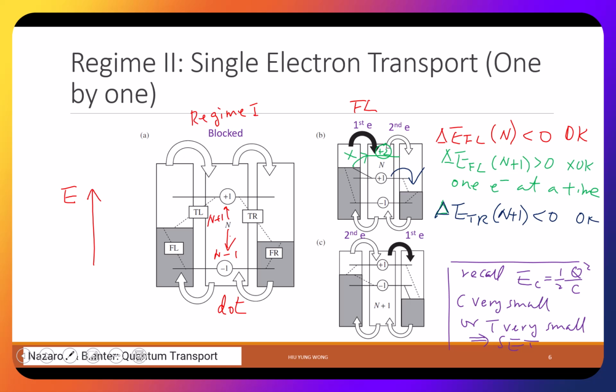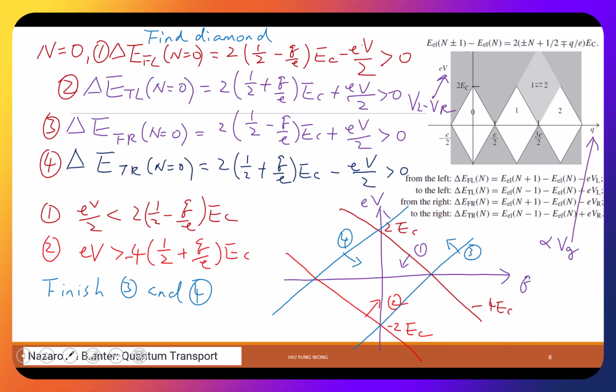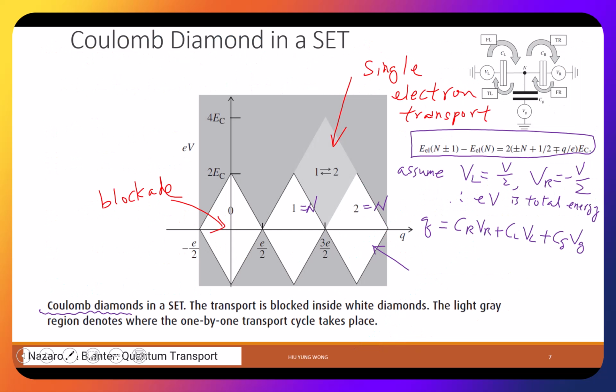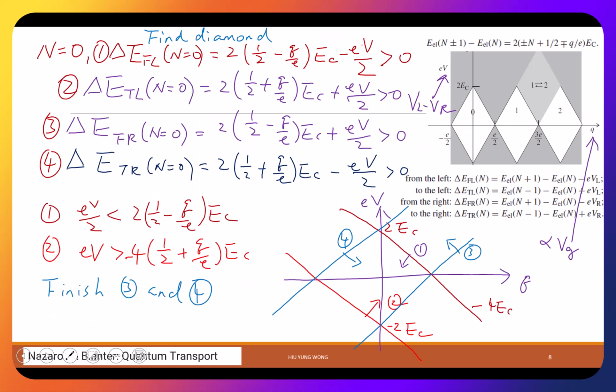Yeah, that is a good point. He said this diamond is going to tilt in the real case because these capacitors are not fully decoupled, where the voltage here can affect the shape of the potential in the well, right? So this is only for the ideal case.